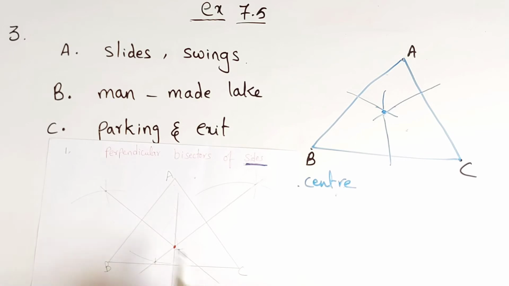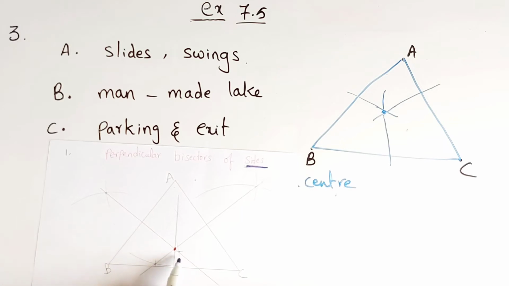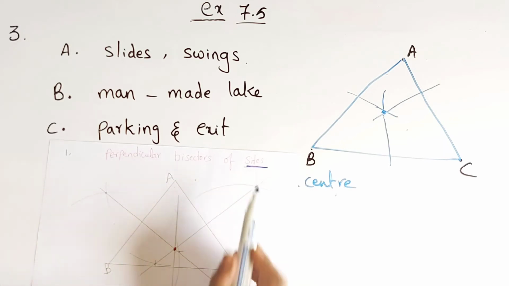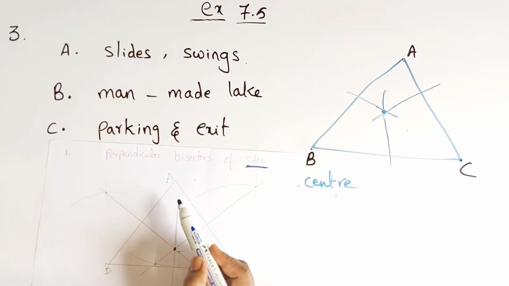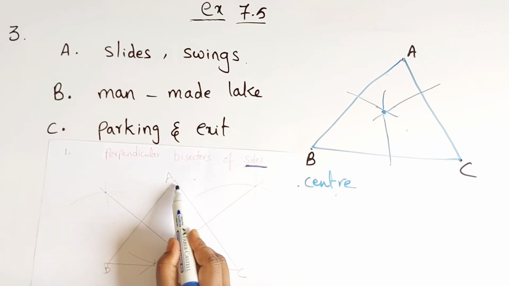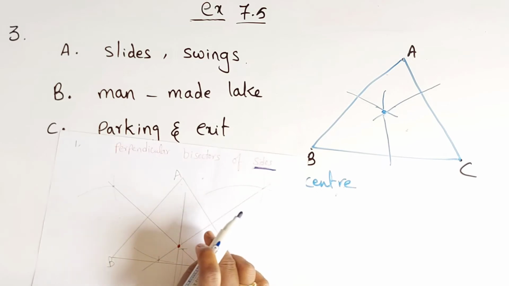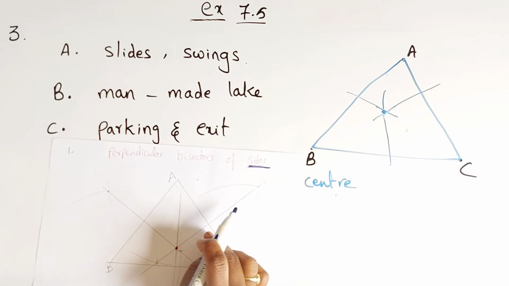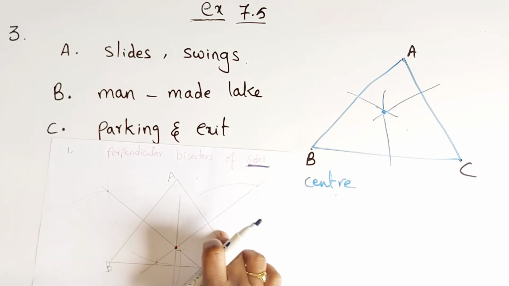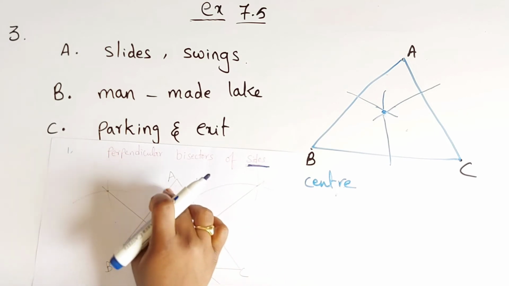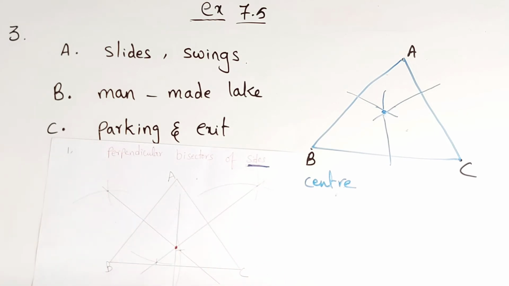Now from three places people can approach this ice cream parlor easily. That is the circumcenter. For that we need to draw perpendicular bisectors. Simple trick, children: if they are asking equidistant from vertices, we need to draw perpendicular bisectors of the sides. If they are asking equidistant from sides, we need to draw bisectors of angles. That's it, children.